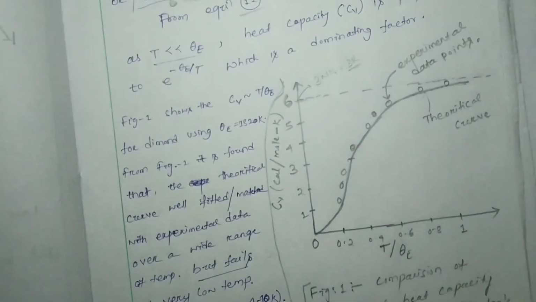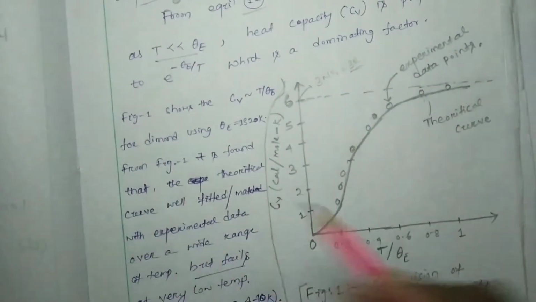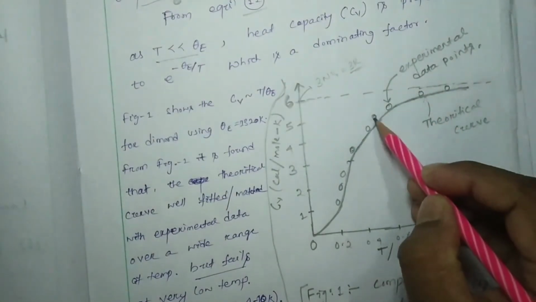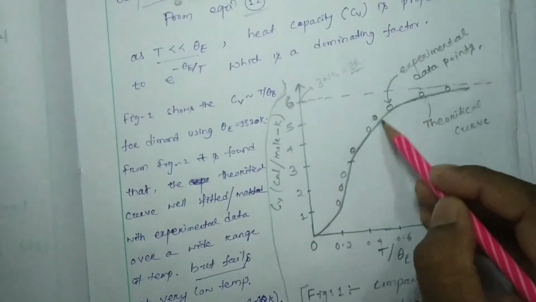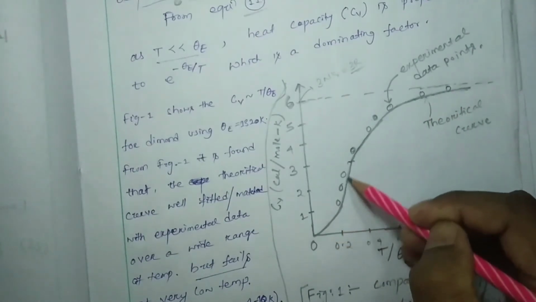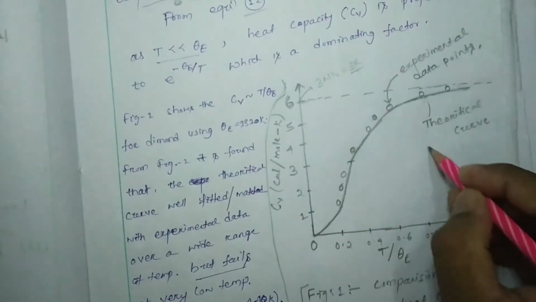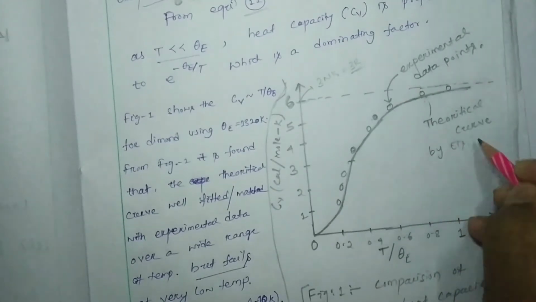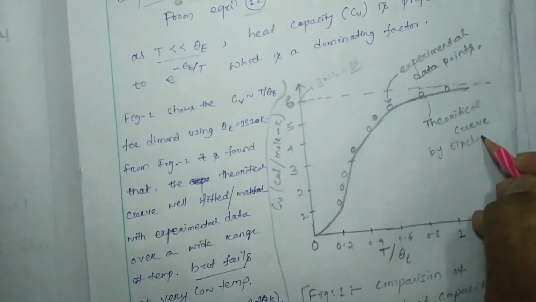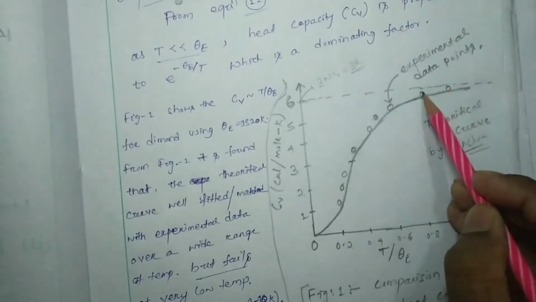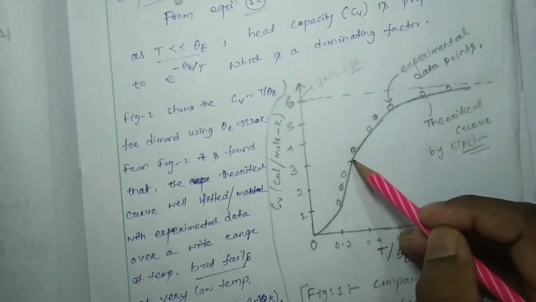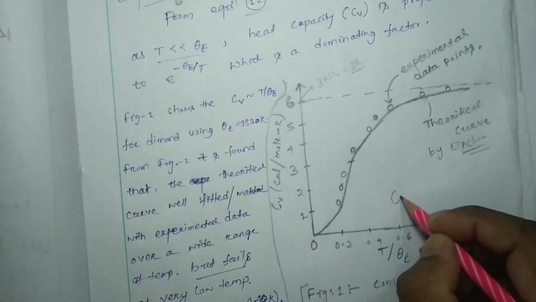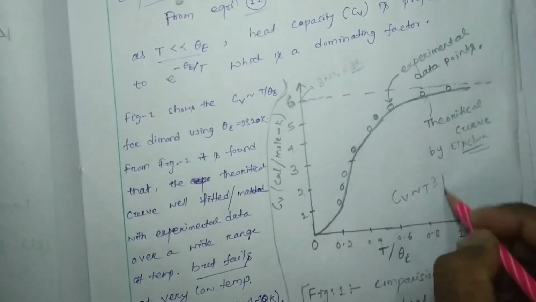But actually, these circular marks are the experimental data. This curve is the theoretical curve predicted by Einstein. But these circular marks, the experimental data, tell that Cv is proportional to T cubed.